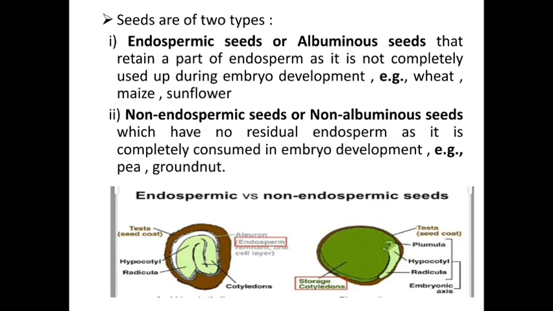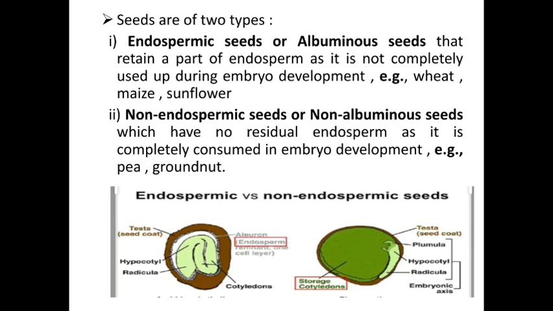So the cotyledon is the storage. Here you will not find endosperm. No endosperm remains here, as during the embryo development all the food retained in the endosperm is consumed. Some examples are pea and groundnut.